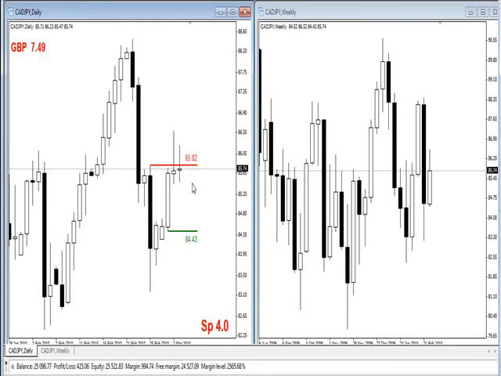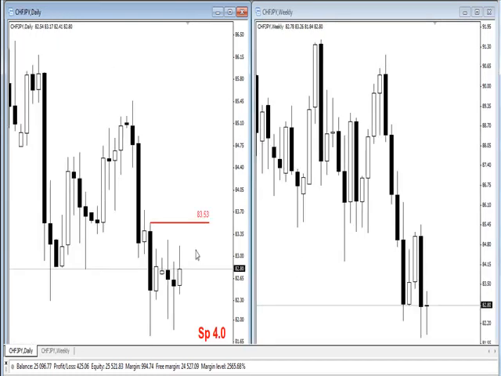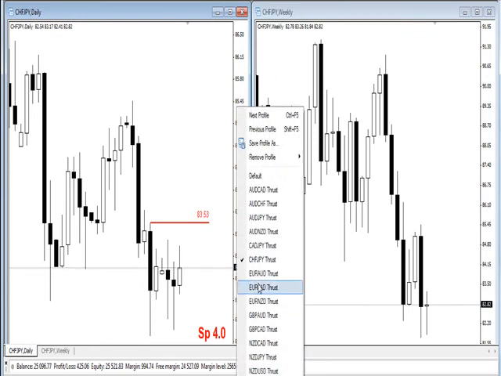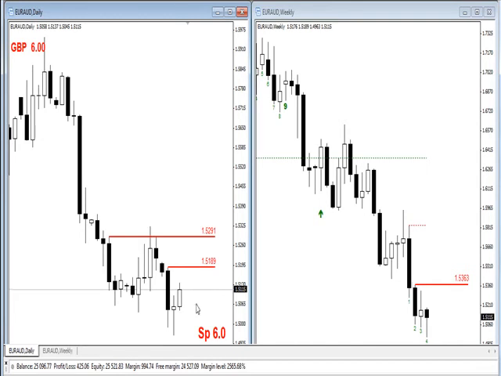We could buy a retest of that level, but currently it looks like that's fairly unlikely. I mean, we are only 8 pips away from that, but it doesn't really move too much. Swiss franc, Japanese yen, nothing doing here. Euro, Australian dollar, again nothing doing here, we're just waiting.